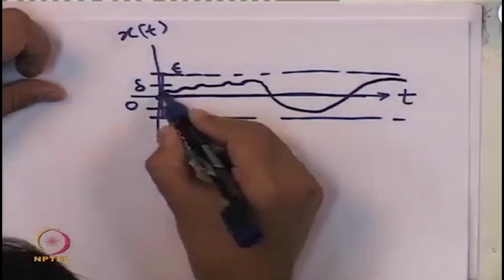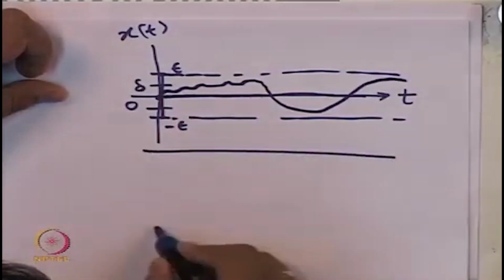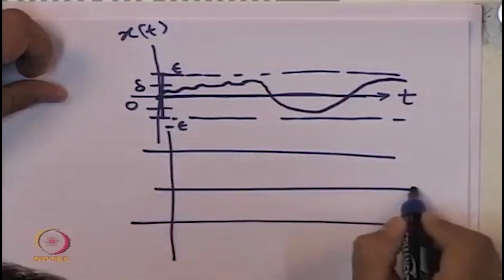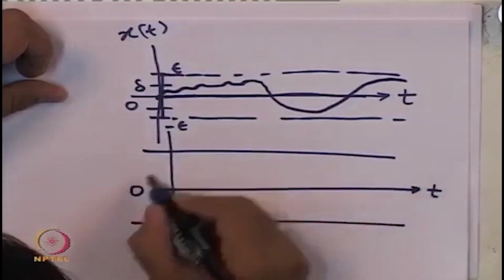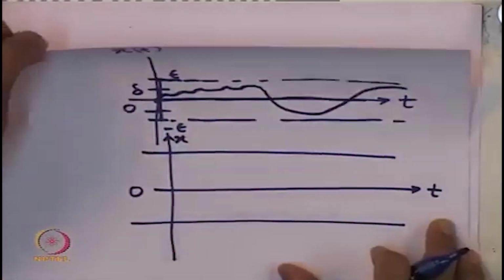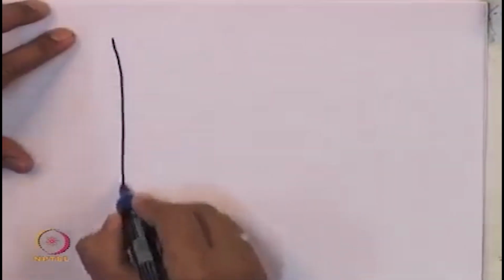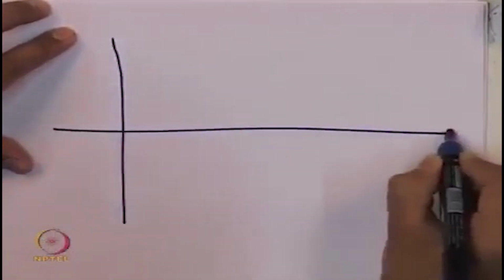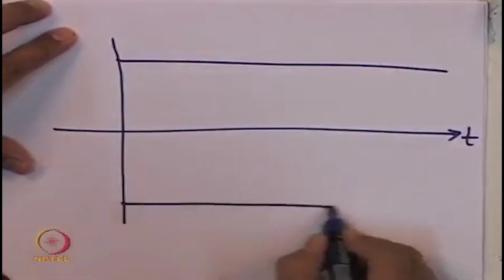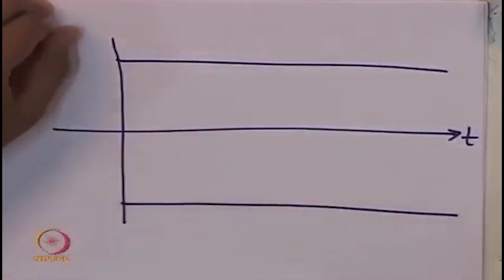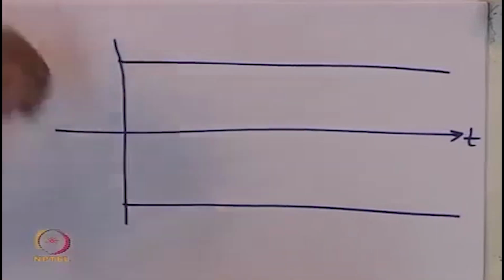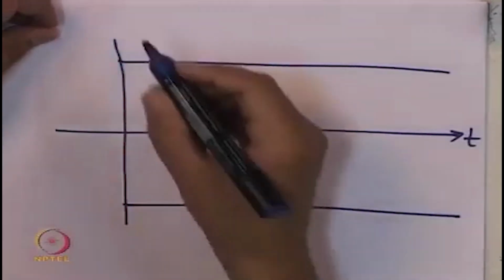So, for the trajectory to remain inside this epsilon ball, this is a 0, this is another figure with x, sorry. So, this epsilon which is being shown large could also be very small. This is what the challenger decides, how small epsilon should be.